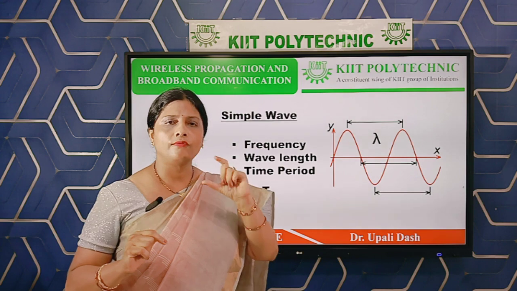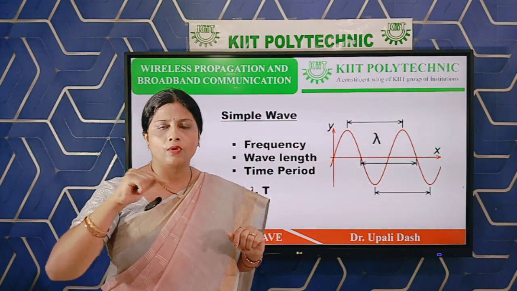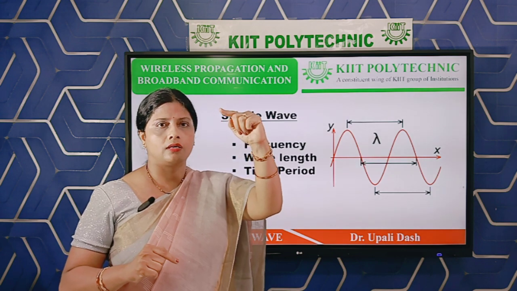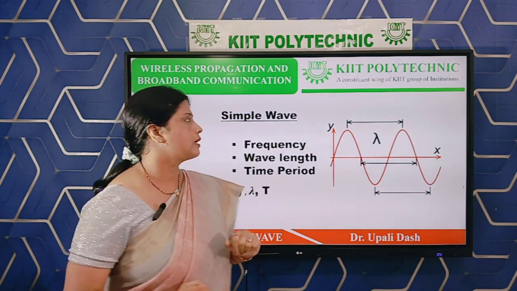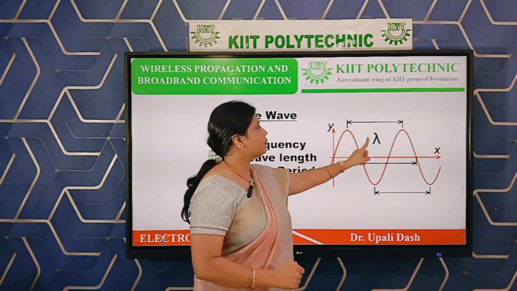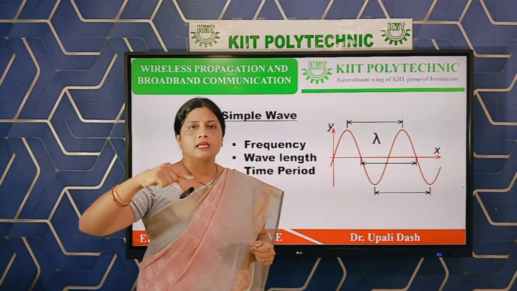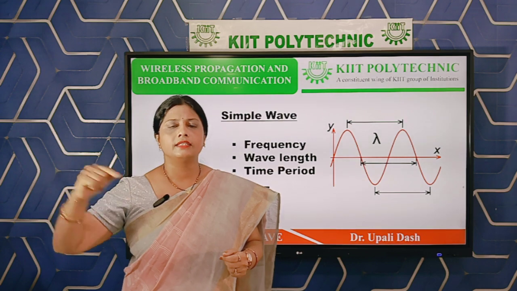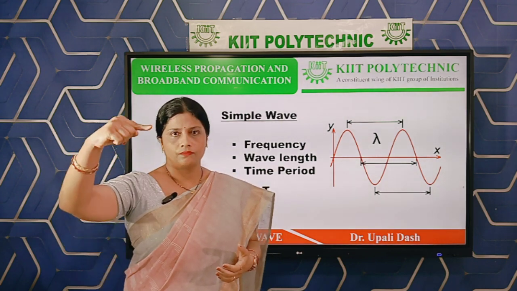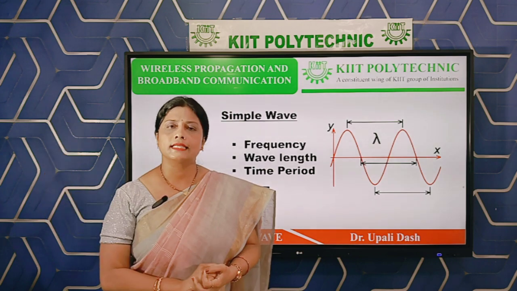In the curve, we have to know at what speed we are going to draw it and to what extent we go from the positive peak or negative peak. If the speed of the curve is more, if we draw in a speedy manner, then the frequency is high. If we go in a slow manner, then the frequency is low.